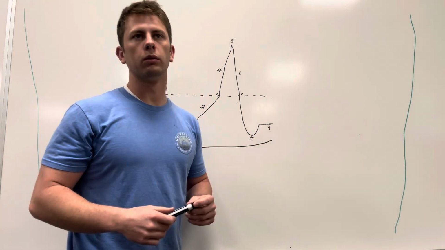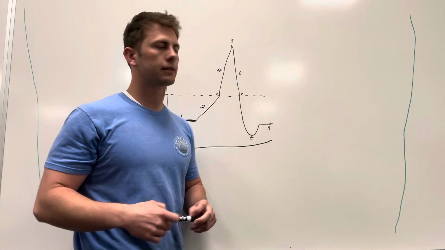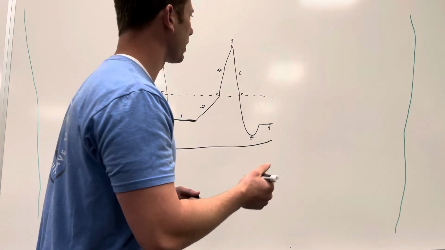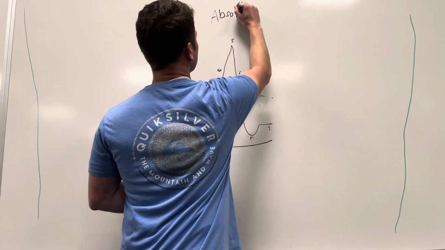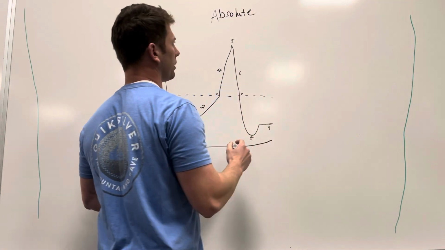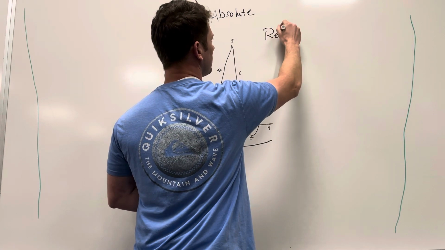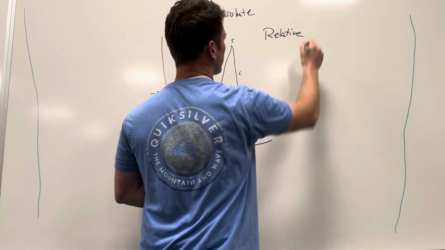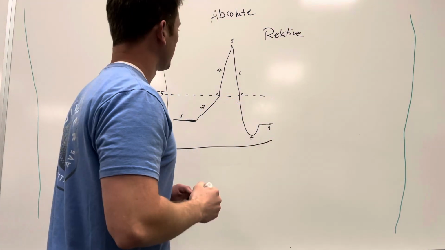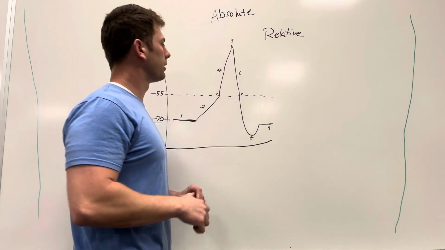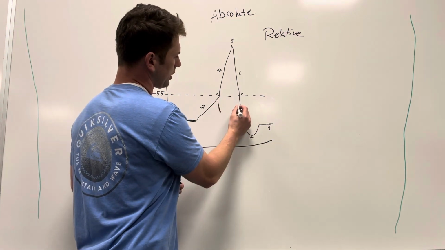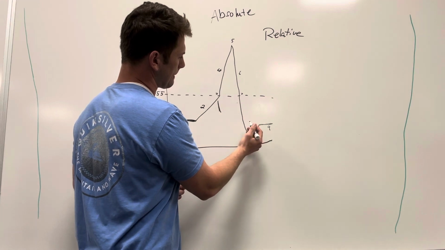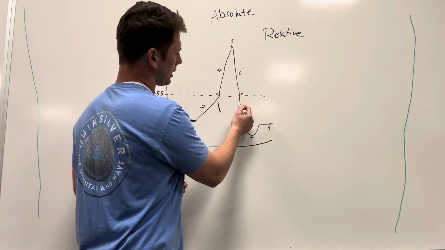A couple different things as well. We have what's called refractory periods. And so we have absolute refractory period and relative refractory period. And the absolute refractory period is this period basically between here and, I think, here.